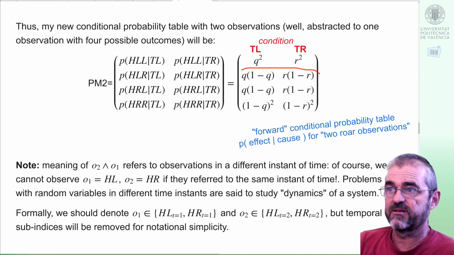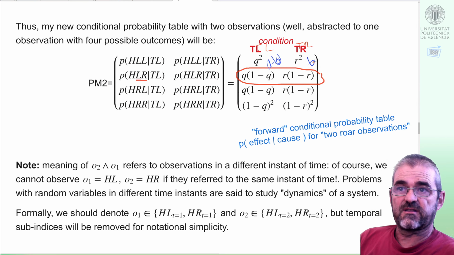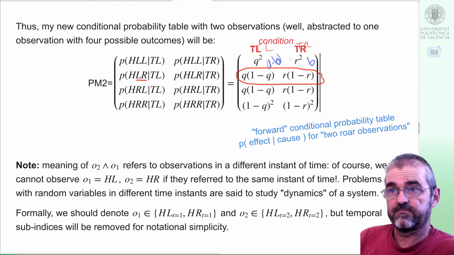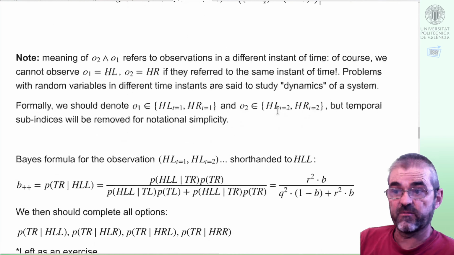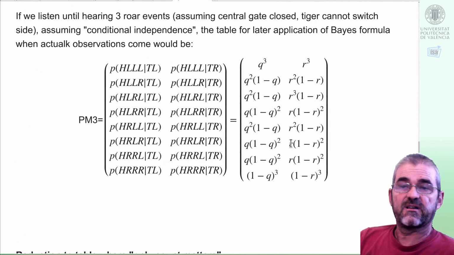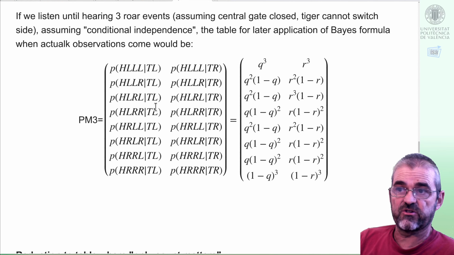Let's say if I observe left, right, then using this times b and this times 1 minus b, I can apply Bayes' formula.